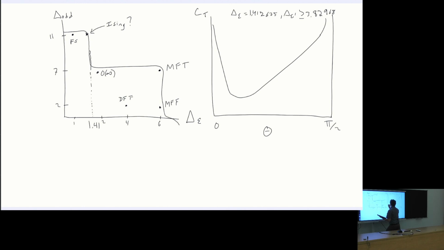And we can also compare this with the known central charge for the Ising model, which sits right around here. It's 0.99465 times the free theory value. And so you can see that by combining this lower bound with the known Ising C_T, you can get some range of theta.